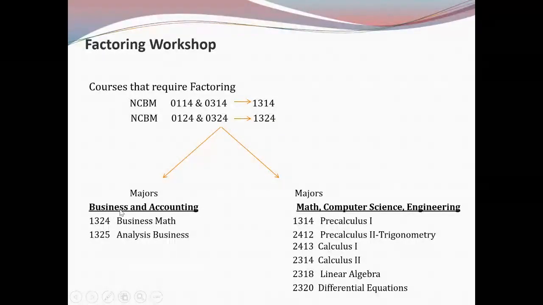For example, if you're going for business and accounting, you have to take 1324 and 1325. If you're going for, say, math, computer science, or engineering, you have to take 1314, 2412, Cal 1, Cal 2, Cal 3, linear algebra, and differential equations. All these courses require factoring, and I'm going to show you examples of each one.